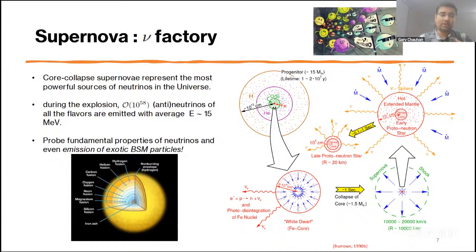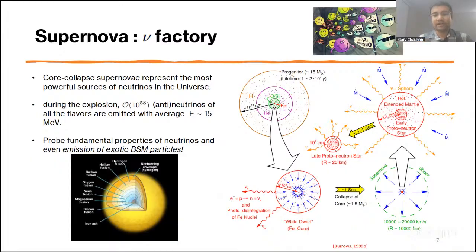So just to give you a very brief overview of what a supernova is, you have the usual hydrogen gas that collapses, forms your star, you fuse into heavier elements, release energy, and that's how the cycle of these different stages of the star's life goes on. But as you reach the stage where you form iron, the binding energy per nucleon for iron is the highest.